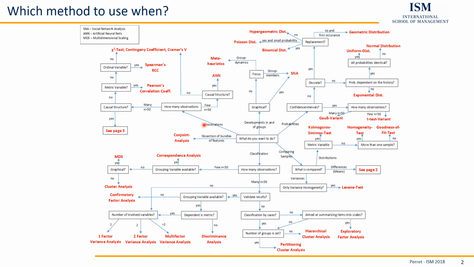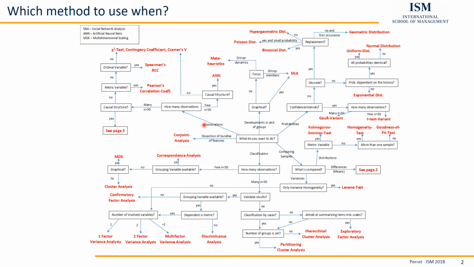The advantage of artificial neural nets is also that they give you a good estimate and they are independent of the scale level. So you can use artificial neural networks for nominal data, for metric data, for any kind of data.